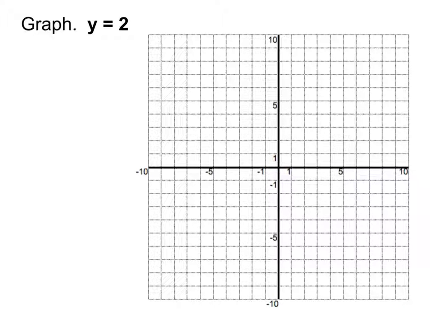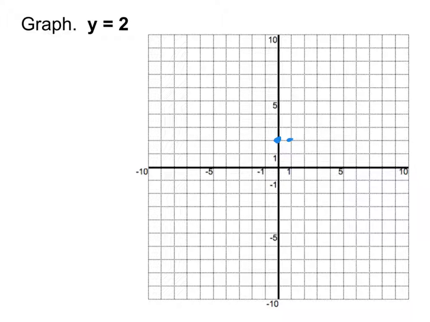At this point, almost everybody right now is looking at this point when I say that. However, what's another point, a different point, where y equals 2? Well, notice x can be anything, right? Like if x was 1, y could still be 2.